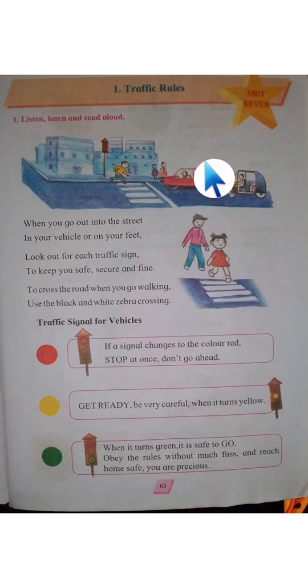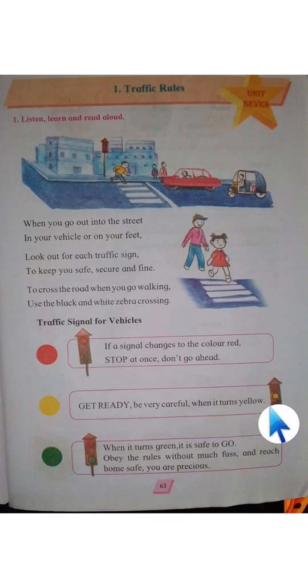So this was the traffic rules poem, and the poem also indicates the traffic rules for vehicles. So what are the traffic rules for vehicles? When the traffic signal turns red, stop at once, don't go ahead. Then if the signal turns yellow, get ready, be very careful.